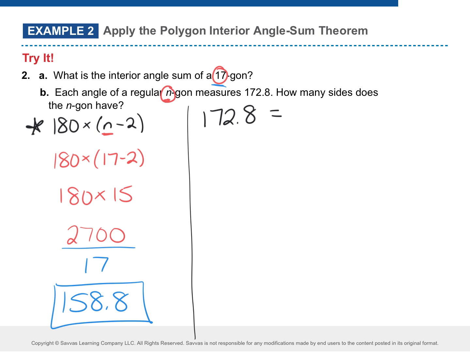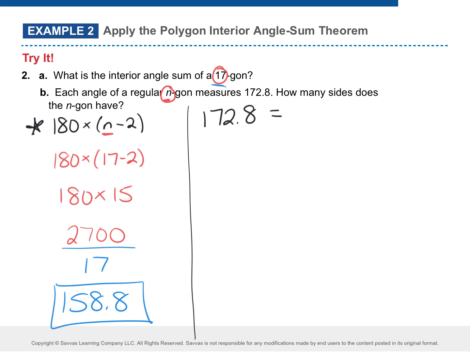That equals one angle, right? We want something in regards to n on this side. Let's think back to this process. How did we find the total interior angle sum?